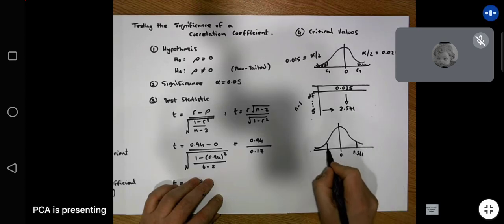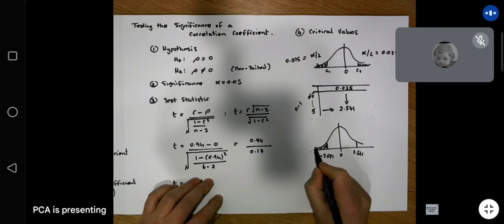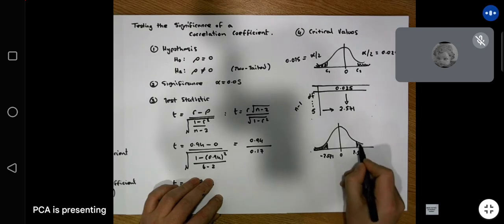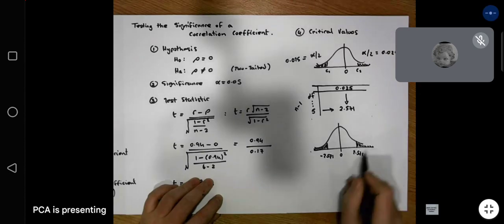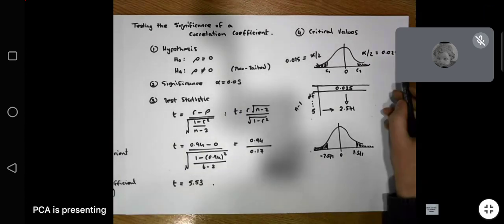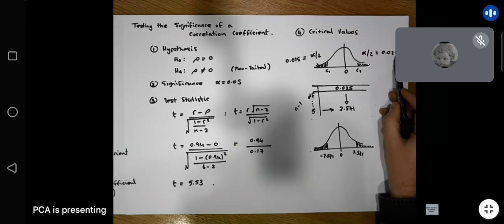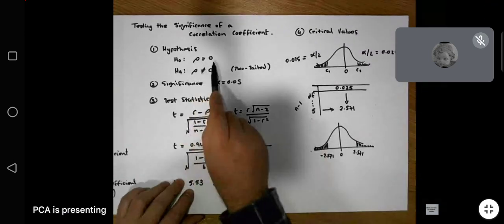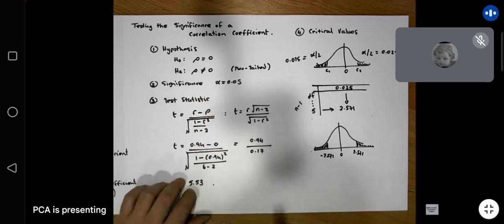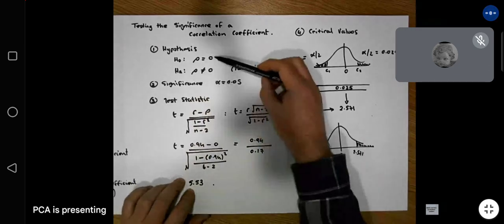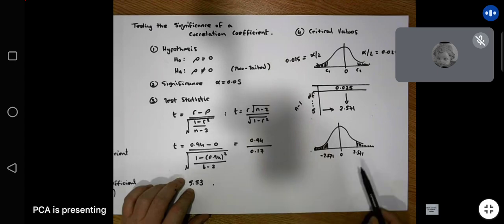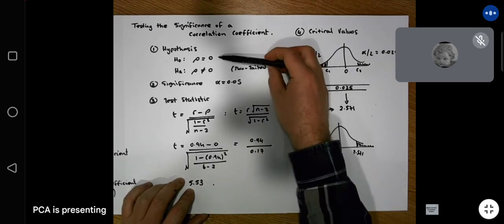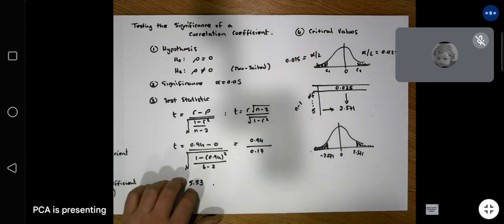This value over here is minus 2.571. And we're saying that anything that falls into a tail area has a probability at most 0.025 if the null hypothesis is true. In other words, it has a very, very small probability of occurring if the null hypothesis is true, which means that it would have a very, very high probability of occurring if the null hypothesis was actually incorrect and the alternative was true.